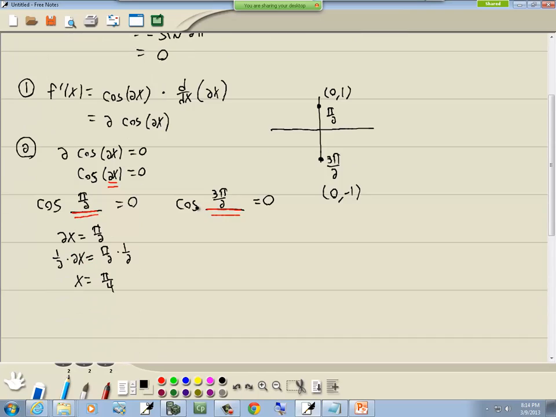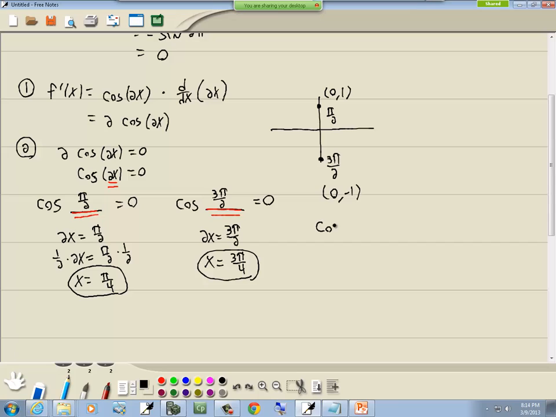And it is, so that answer is okay. This one, if I set 2x, again, what's inside the parentheses here, equal to 3 pi over 2, and multiply both sides by 1/2 again, I won't write out the step, but we get 3 pi over 4, and that's okay. That's between those.